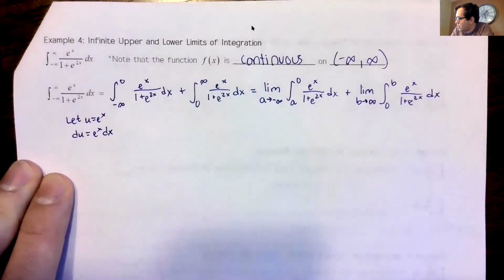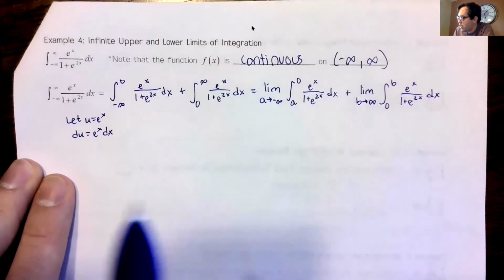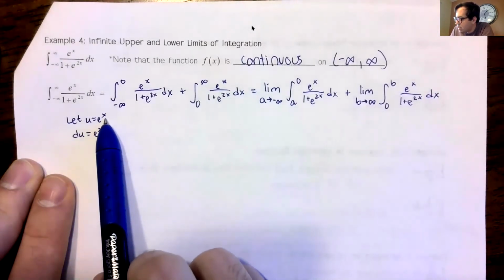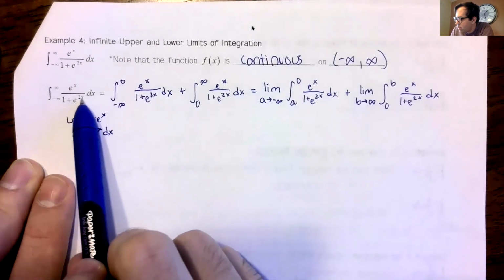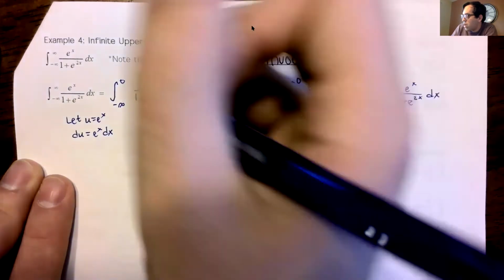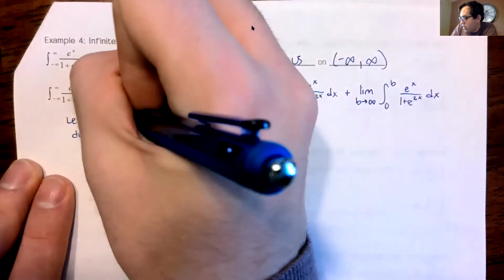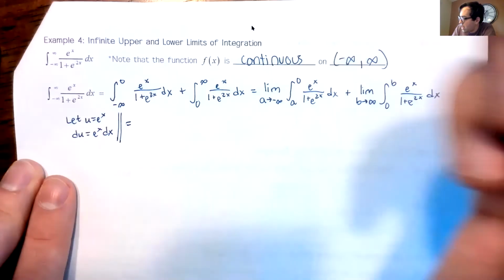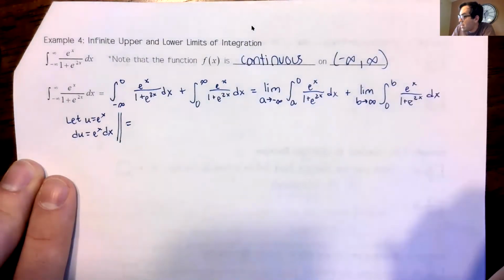The reason I want to do that is because now e to the x shows up in the denominator. Before we actually plug in the u, I'm going to rewrite each one of these so you can see how I'm going to replace this and the strategy here.